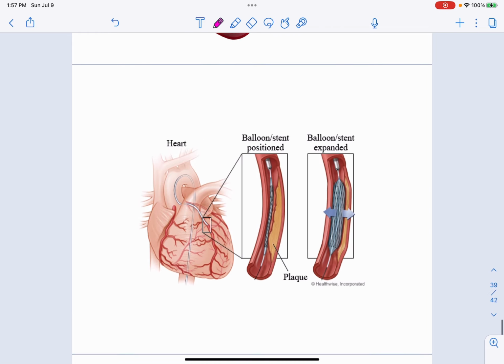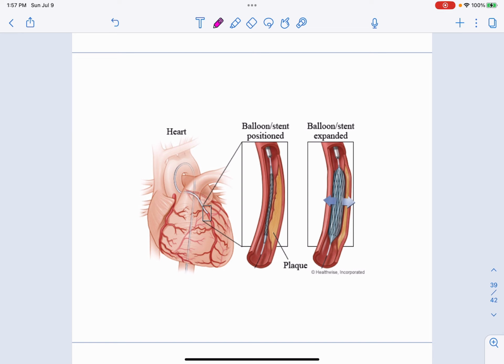But one thing that you can do, and this is a really cool procedure, where they can insert a balloon or a stent. They can actually follow the femoral artery, the artery in your leg, all the way back up to your heart. They can find that artery that is blocked, put that stent in there, and then open it up.